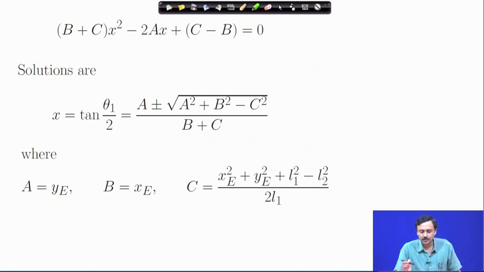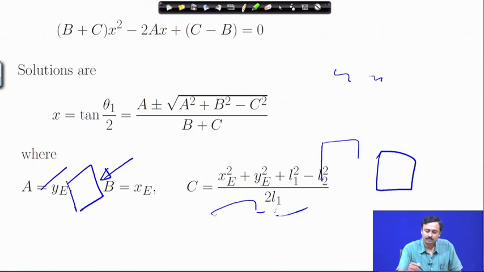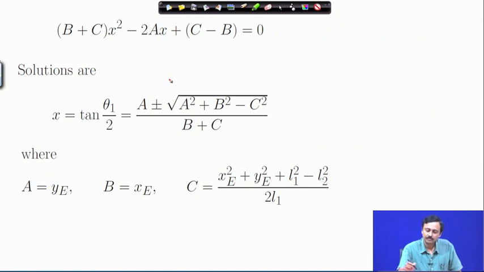There are two solutions, as you know, which are given by this plus and minus. Just to recall, A, B and C are completely known, x e and y e are known to us. So, I can find out tan theta 1 by 2. There are two solutions of tan theta 1 by 2.